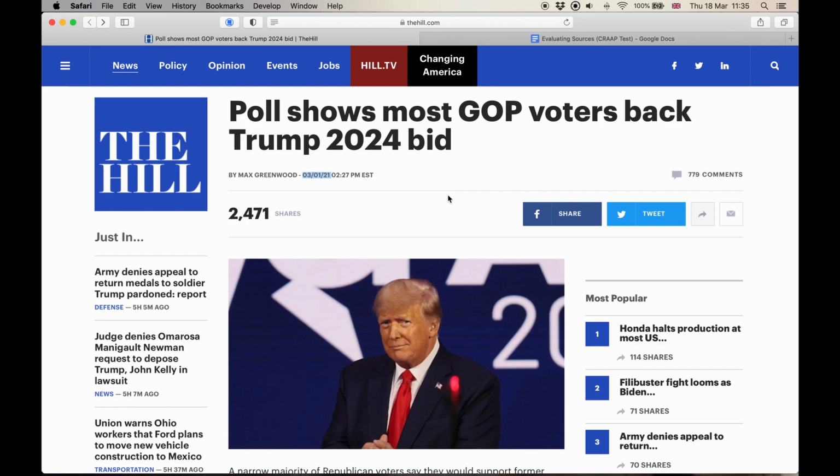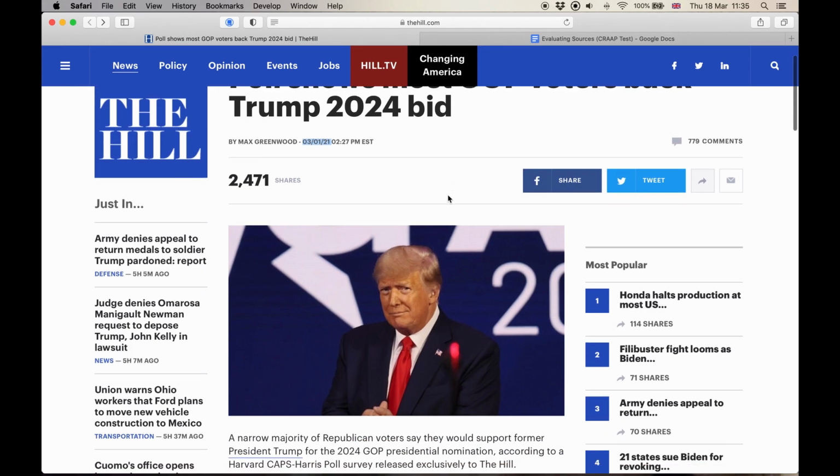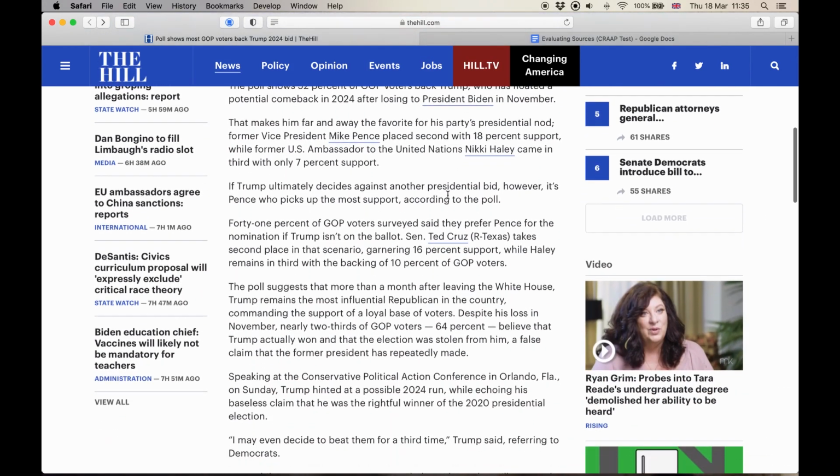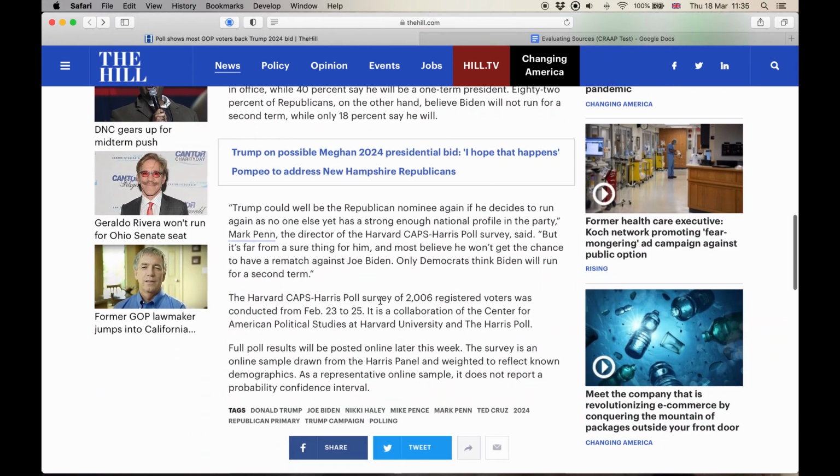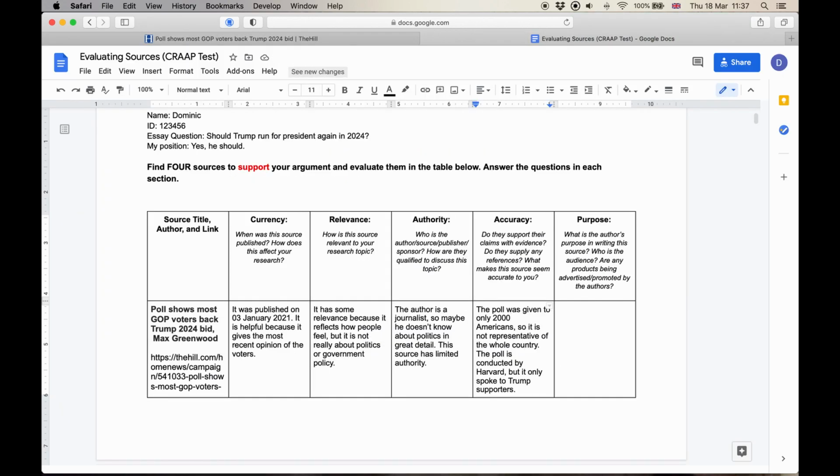Over 100 million people voted for Trump in the last election. But this poll, this survey, when I read it, is only 2,006 people. 2,000 out of 300 million is not enough. So we have accuracy issues here.